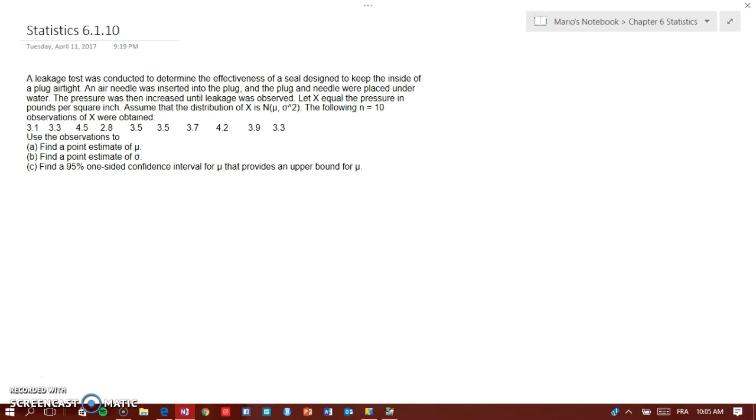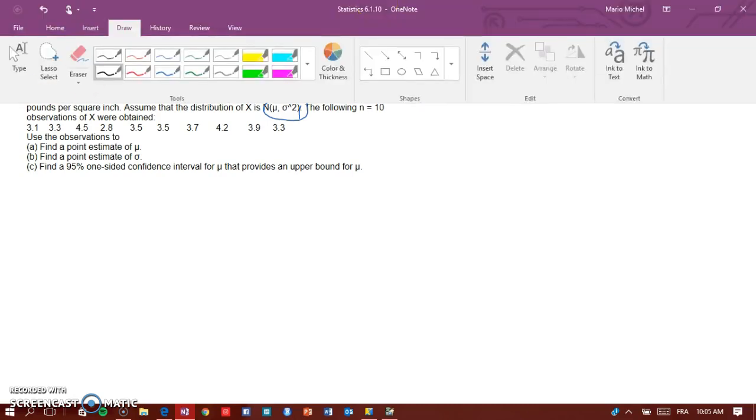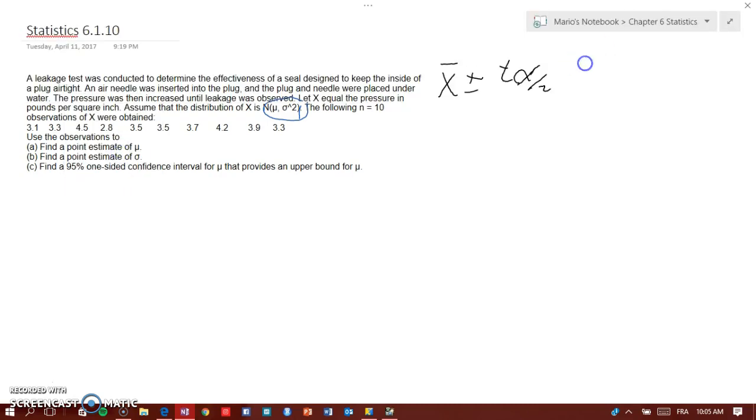So we need to start first with, as I've mentioned in other videos, when you don't have sigma, you have to use the t distribution. Our formula here is going to be x bar plus or minus t of alpha over 2 times sigma over the square root of n.